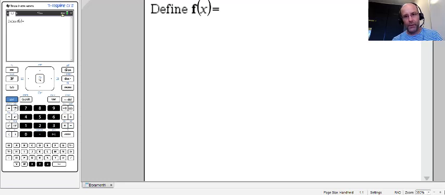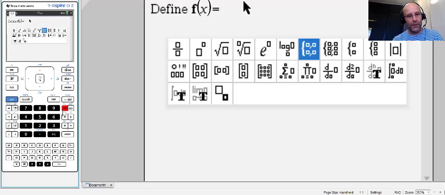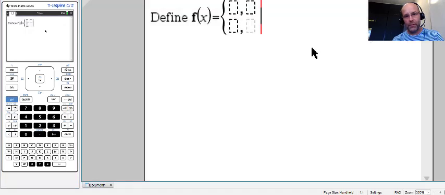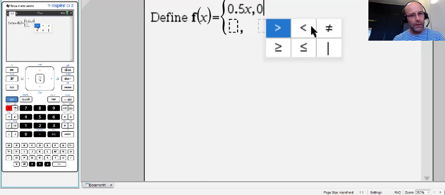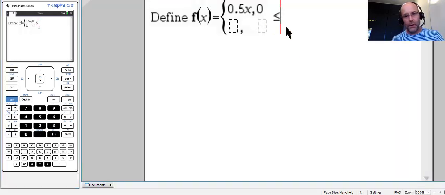And then use your template for a piecewise function with two functions, which is that one there, and we enter in what we need. We have 0.5x, and that's between 0, and you got your inequalities over here. Okay, whoops, that jumped down to the next line, and try again.